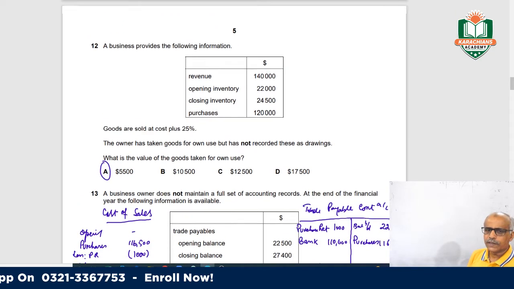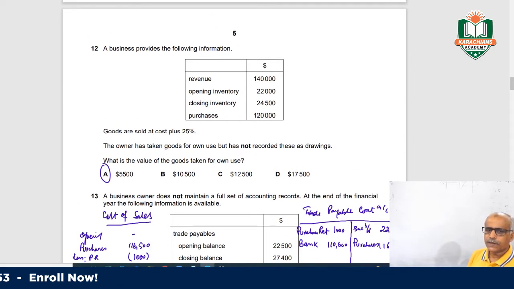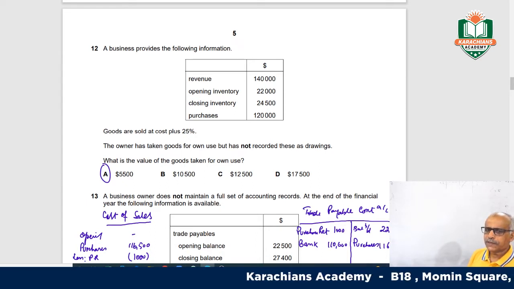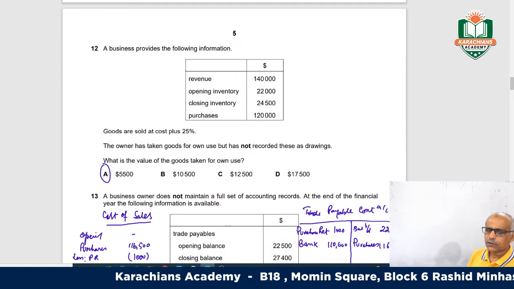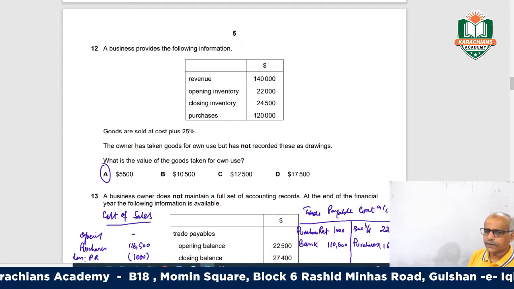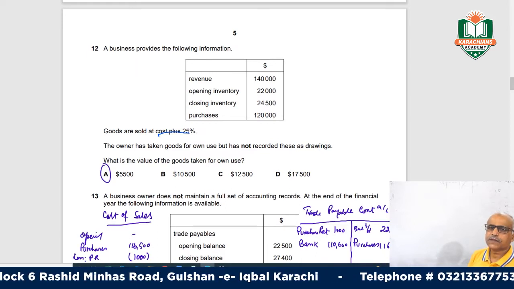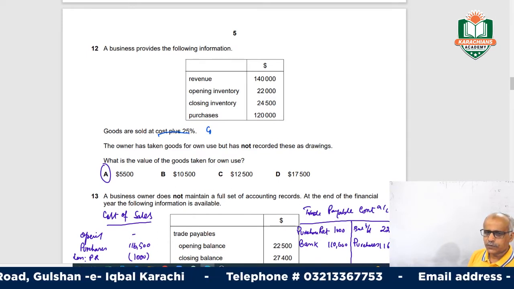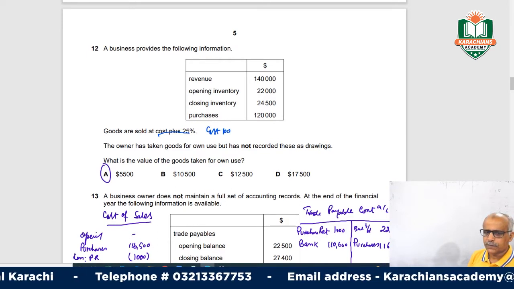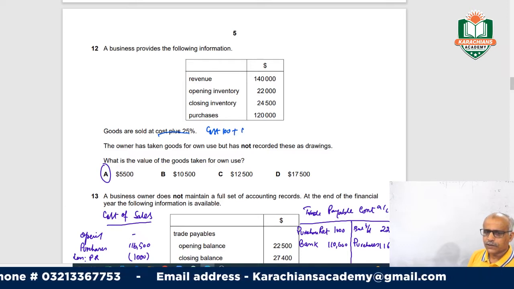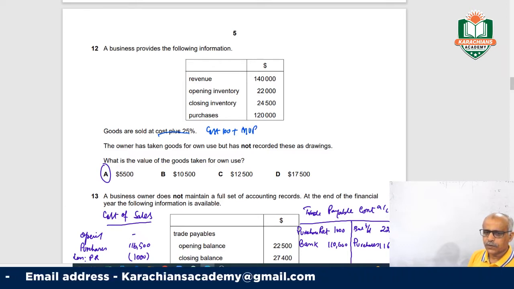Revenue 140,000, opening inventory 22,000, closing inventory 24,500, purchases 120,000. Goods are sold at cost plus 25%. Means this is markup based. It means your cost is 100% and you are charging markup at 25% of cost.